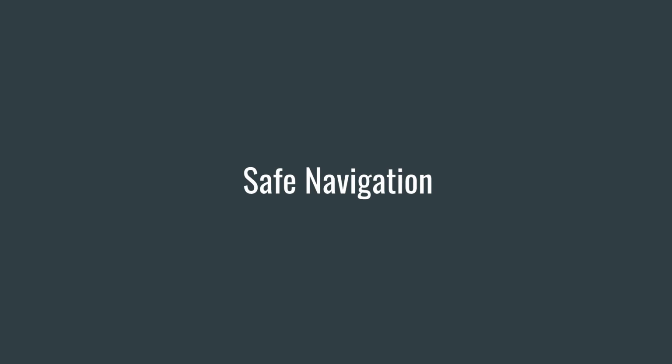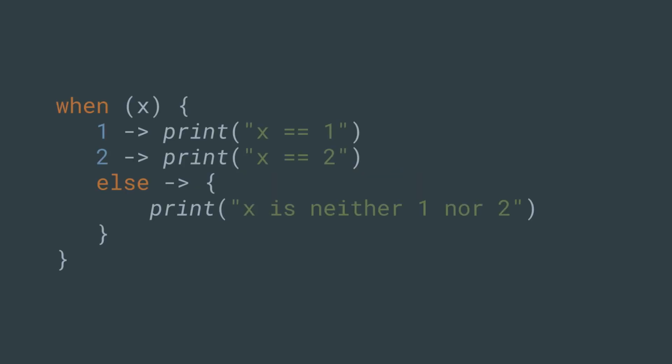One question about the when. It's possible, in the default clause, to do pattern matching with anything instead of declaring the else? Sorry, can you repeat that? Yeah, it's possible to do pattern matching for any value. Not in the same way that you can in Scala or Elixir or something.